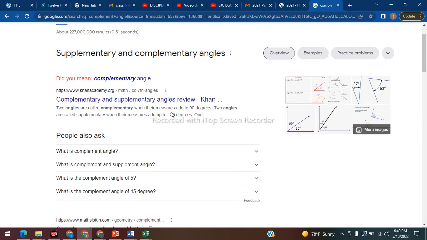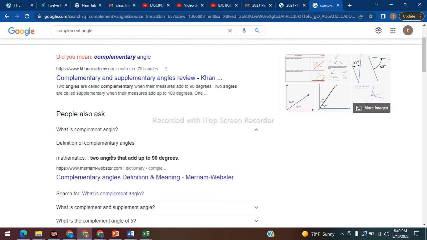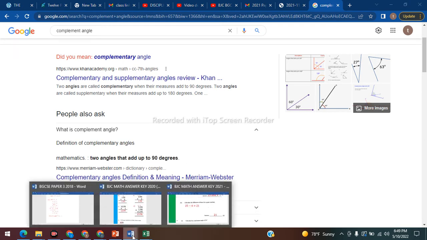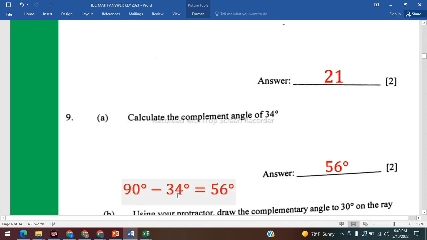Two angles are called complementary when their measures add up to 90 degrees. So with that in mind, 90 minus 34 is equal to 56.